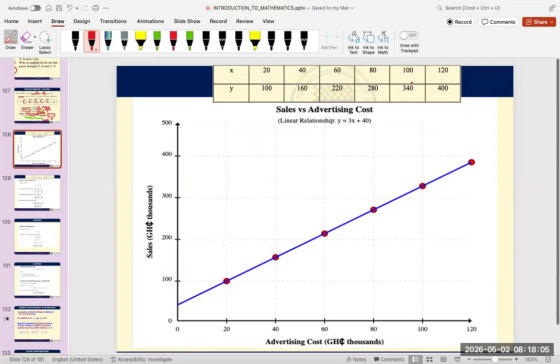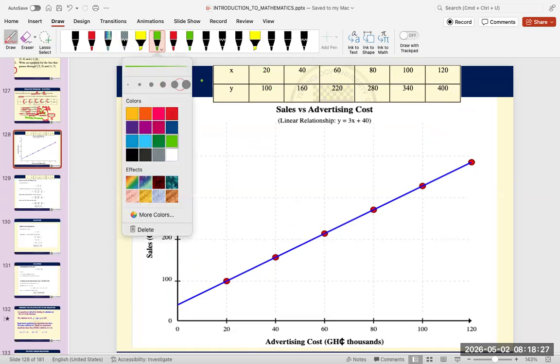X, they say all the values are in thousands of Ghana cedis, but we have removed the thousand. We are just using the initial numbers given to us. So let's start the plot. The first one is X 20, Y 100. Then you continue.